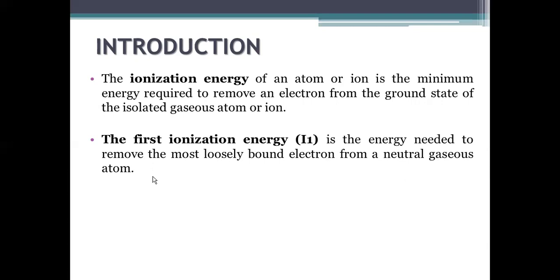For ionization energy, we remove an electron from the ground state of the isolated gaseous atom or ion, but the first ionization energy is always the energy needed to remove the most loosely bound electron from a neutral gaseous atom, not an atom or ion.